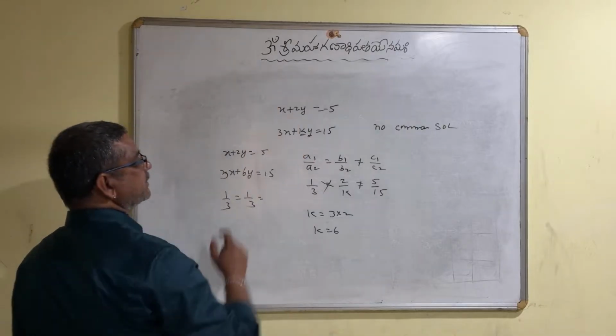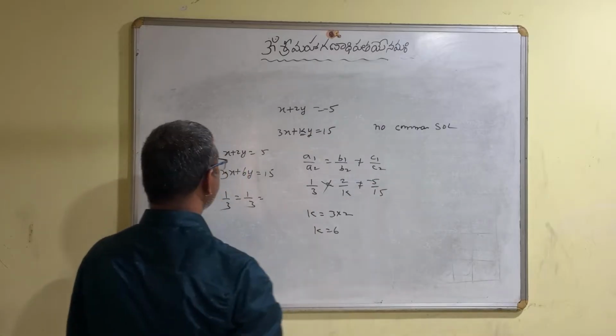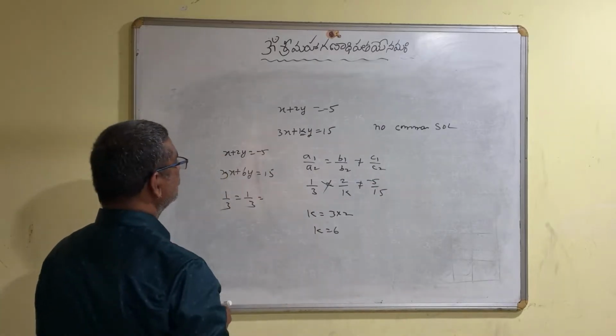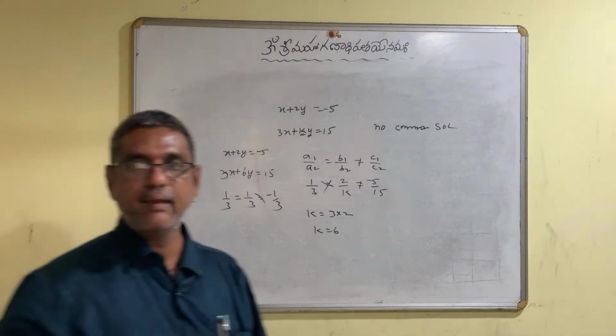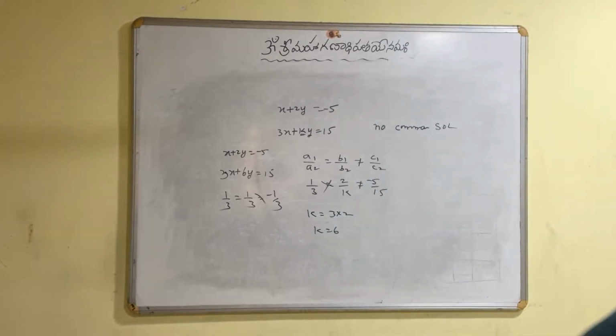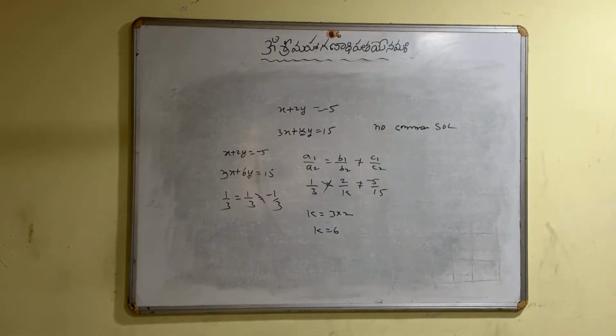Yes, that is minus 5, then negative 1 by 3. So 1 by 3, 1 by 3 and negative 1 by 3. a1 by a2 is equal to b1 by b2 but not equal to c1 by c2. So no common solution. Is that understood, children?